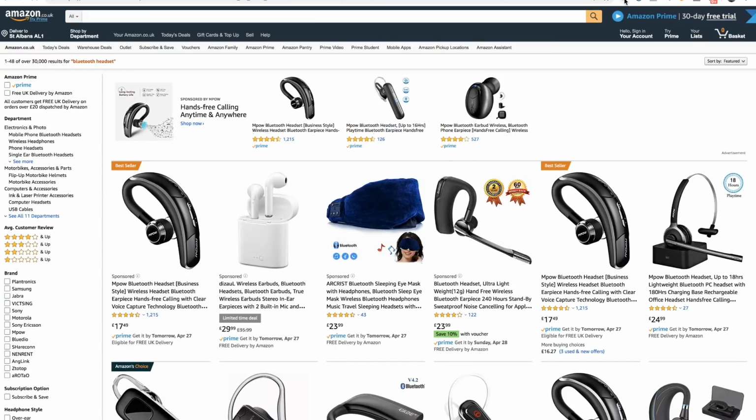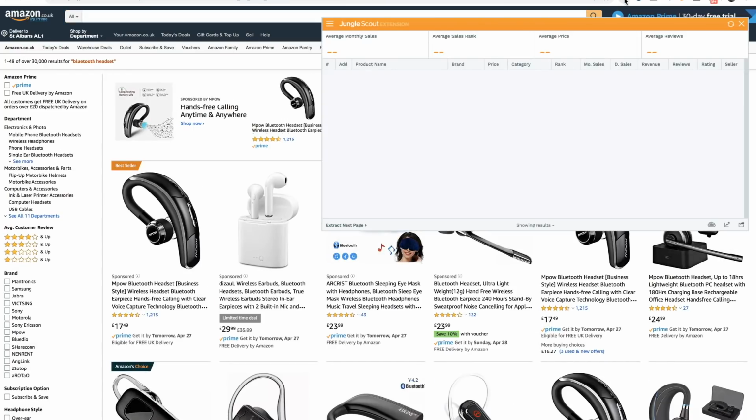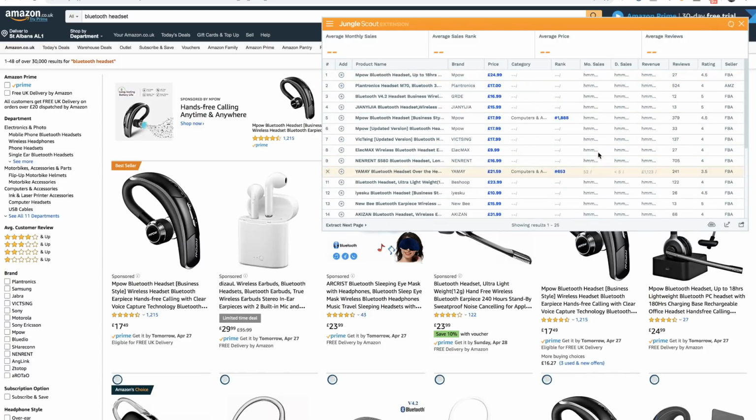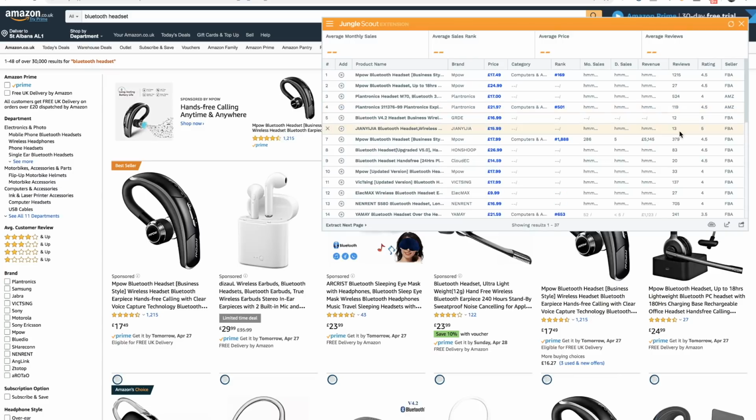All right, sweet, cool. This is probably way, way competitive. These aren't going to come up, I don't think. It's not as bad as I thought. That's not bad. Bluetooth headset, that is competition-wise low, guys. Low competition, right? The sales we can't see, which is really annoying.